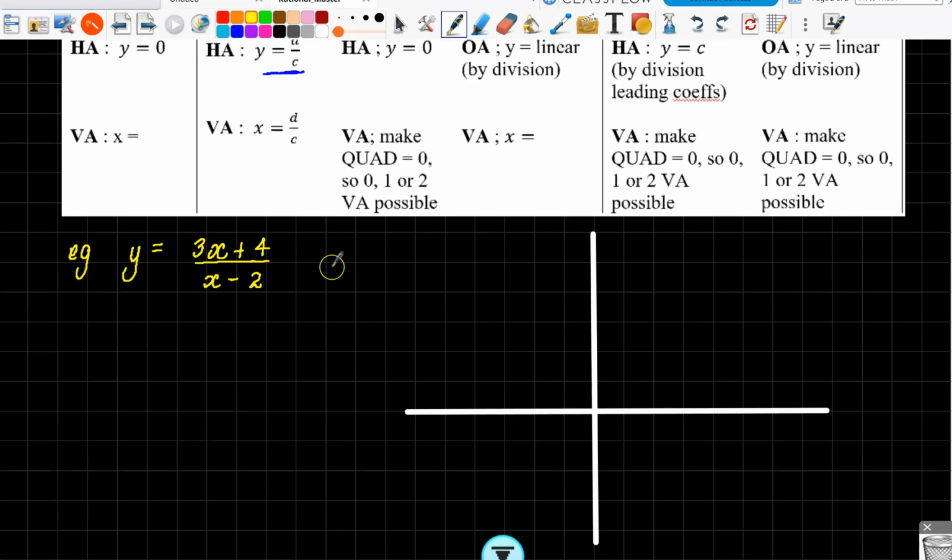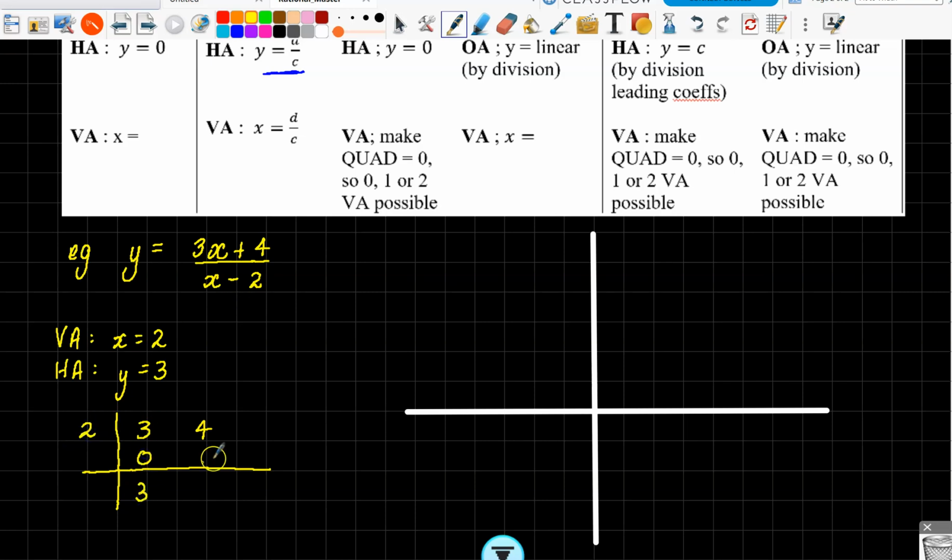So when we look at this, I can see straight away my vertical asymptote is going to be x equals 2, because that's what makes the denominator equal to 0. My horizontal asymptote is going to be y equals 3. If they wanted confirmation of that, remember we've got our good old friend, synthetic division. 3, 4, and because it's x take 2, that means 2 is our 0. 2 3s are 6.